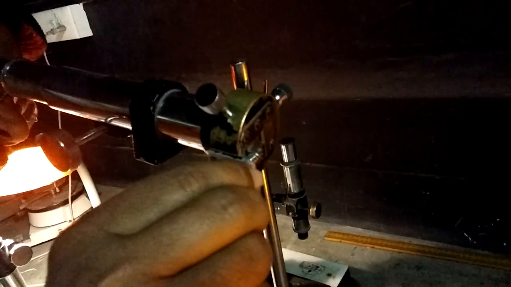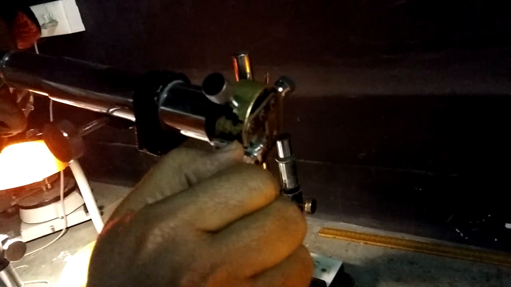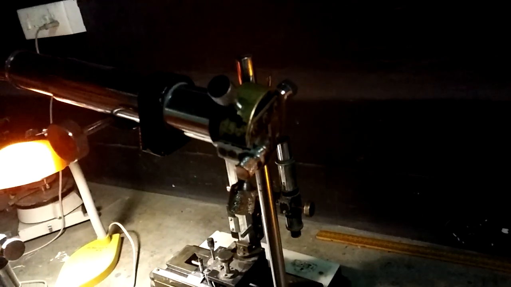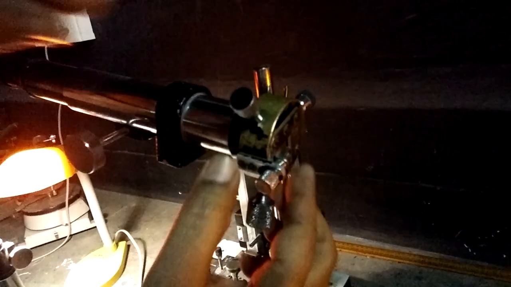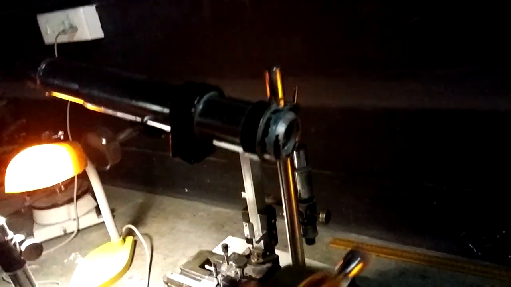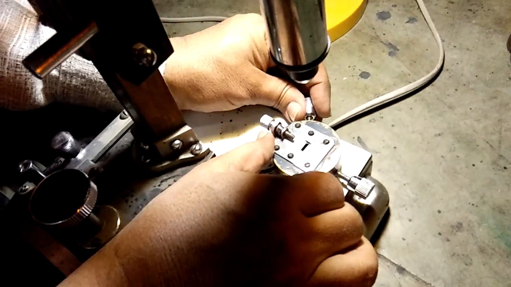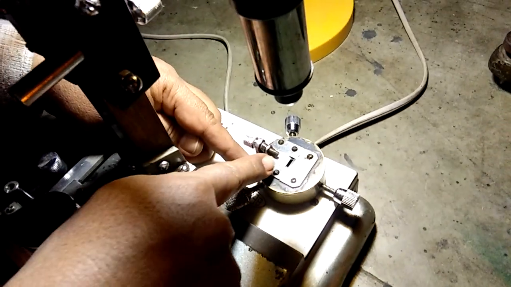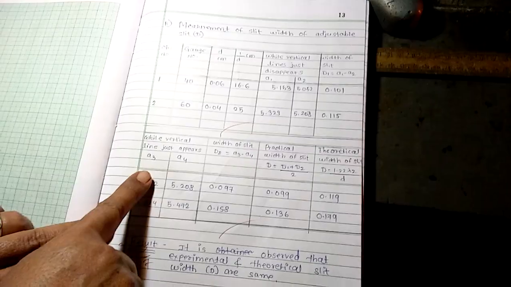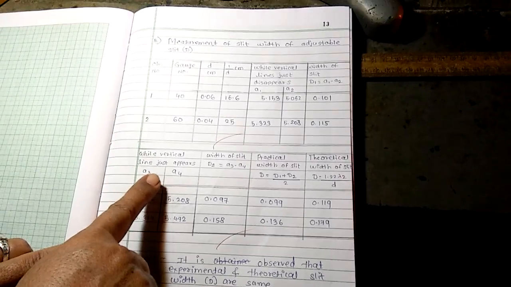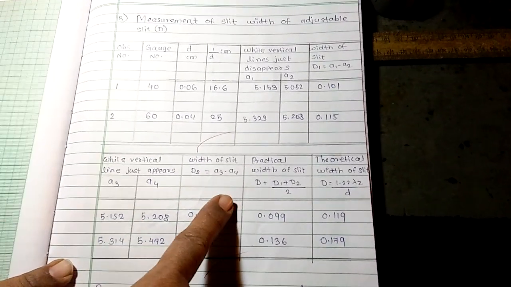Now close the slit and see that vertical lines just appear. When the vertical lines just appear, stop rotating the screw, take out the slit again and keep it below this traveling microscope. Record the left reading and right reading for the slit, while vertical lines just appear and while they just disappear.